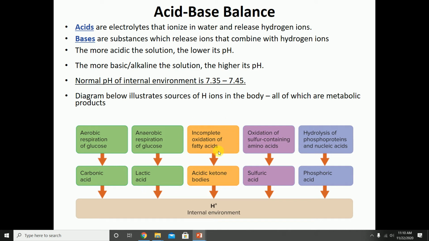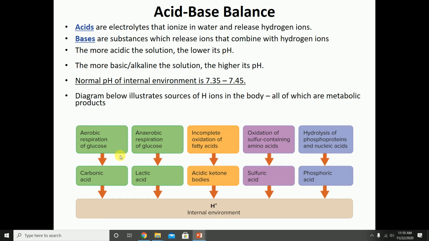The incomplete oxidation of fatty acids, which can occur, for example, in patients with uncontrolled diabetes, would lead to ketone bodies, and these ketone bodies are acidic. The oxidation of amino acids that have sulfur in them will lead to the production of sulfuric acid, while the hydrolysis of phosphoproteins and nucleic acids will end up producing phosphoric acid.